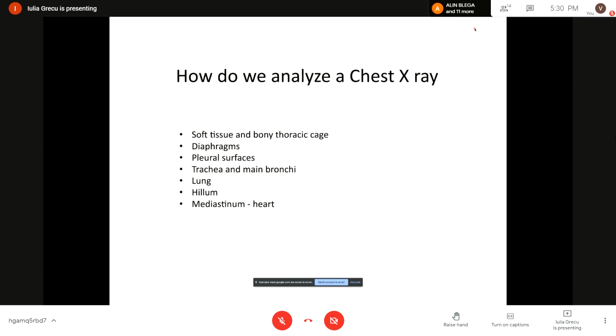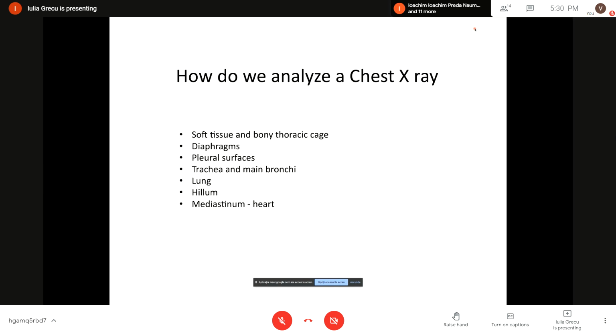Okay, so what do we have to analyze to determine whether the exam is normal or something is wrong with it, and how should we start? The way I do it is that I start from the exterior to the interior of the patient. I find it the most useful.